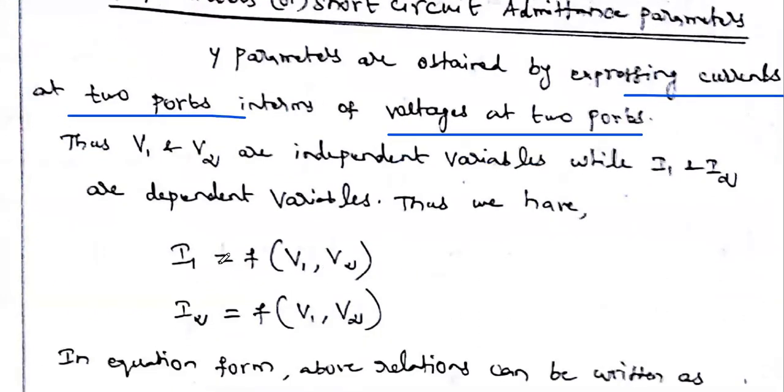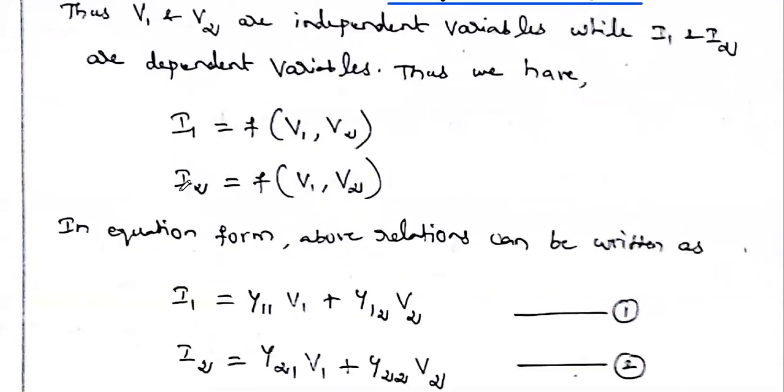Here the input current I1 and I2 we can express as a function of V1 and V2. But in the Z parameter, the input voltage and output voltage are expressed as a function of input current and output current.